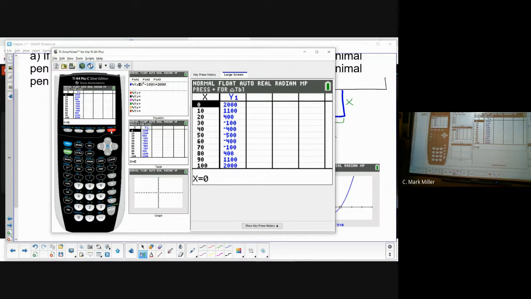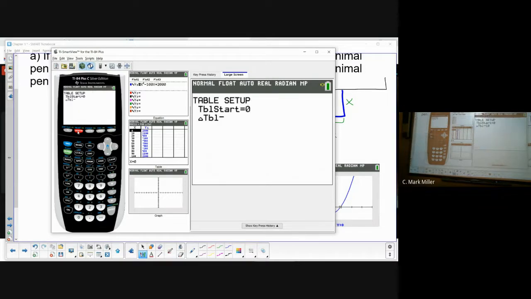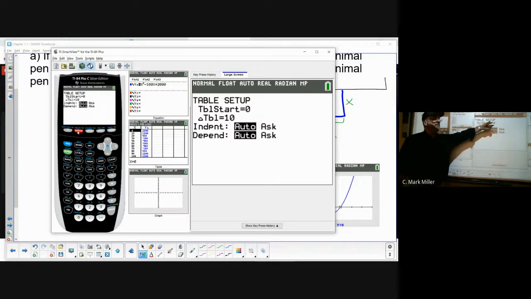Now, I happen to have my table settings, and this is coincidence, that it gave me that information right away. But if you need to play around with them, you go to second table set. Here, I wanted my table to start at 0. I wanted it to advance by 10 units each time, right? And that's what it did. Second table, that's what I got.